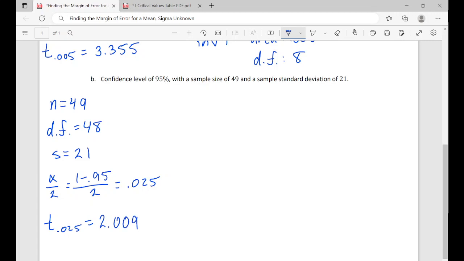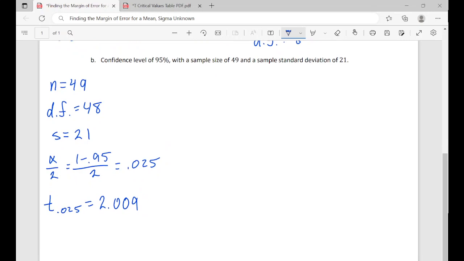2.009. Now, if you use your calculator, you are actually going to get a slightly different value. You would get t of 0.025 equal to 2.011. Not much of a difference, but enough.